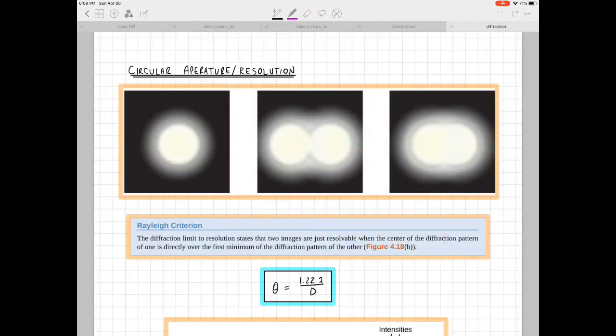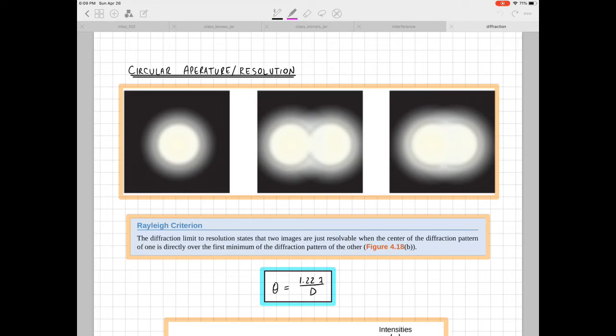All right, and the last thing that I want to talk about is the implication of the diffraction phenomena, and that's the idea of angular resolution: the ability to distinguish, in an observation or in an image, two physical objects.